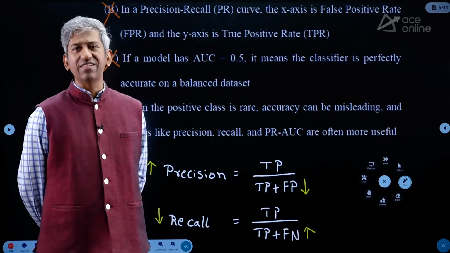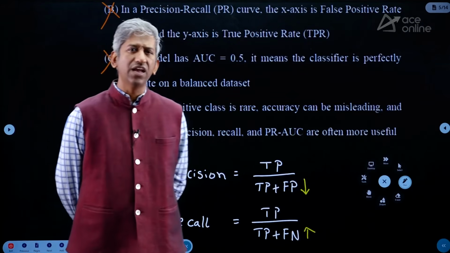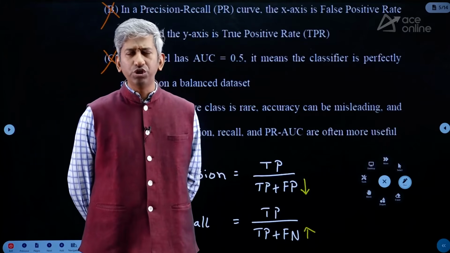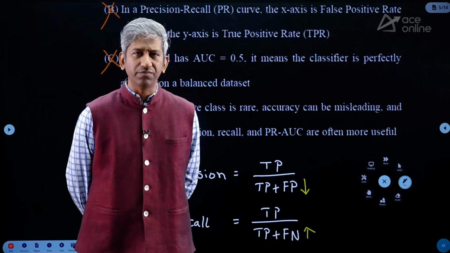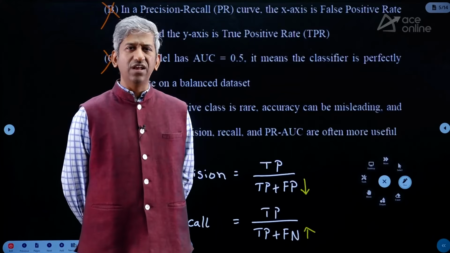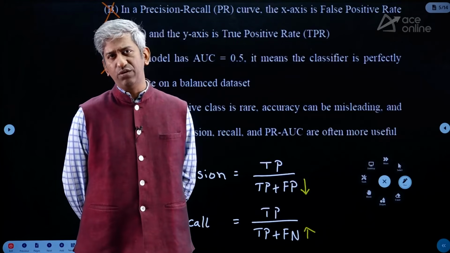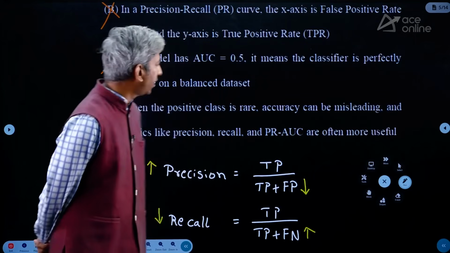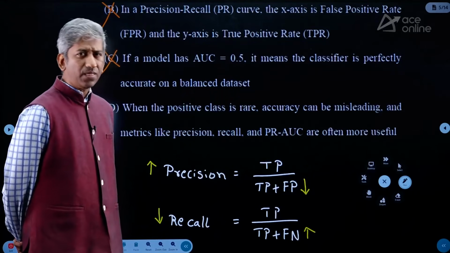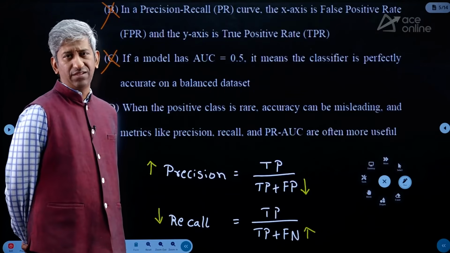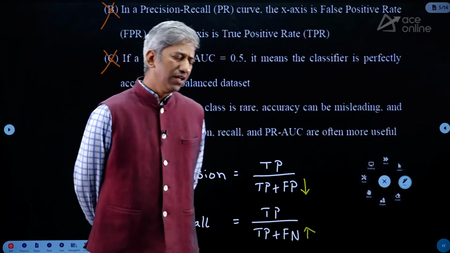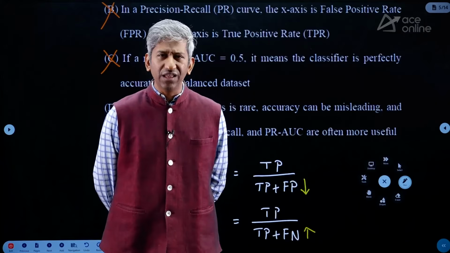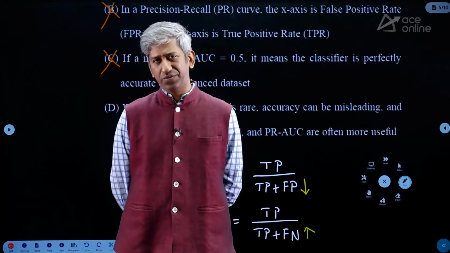One fine example is credit card fraudulent transaction detection. Fraudulent transactions are very few when compared with legitimate transactions, right? Such class imbalance occurs very frequently in real world scenarios.